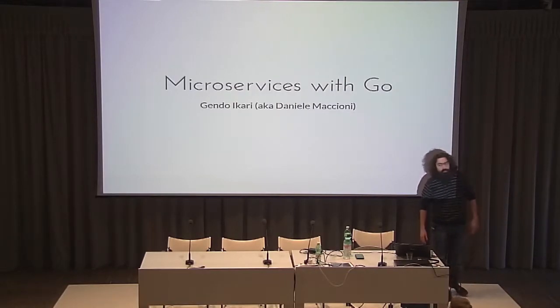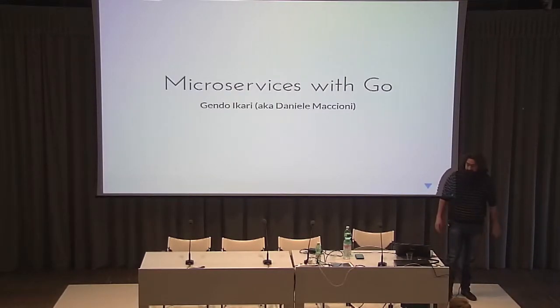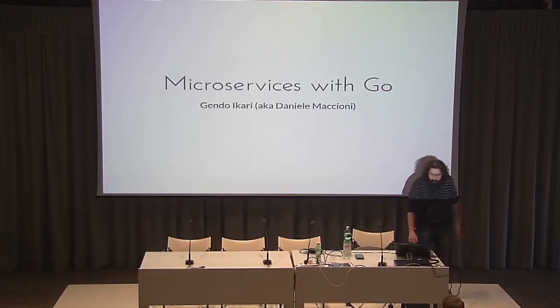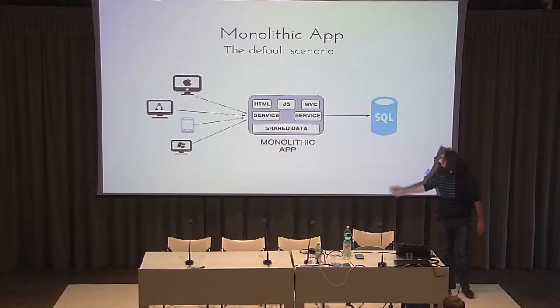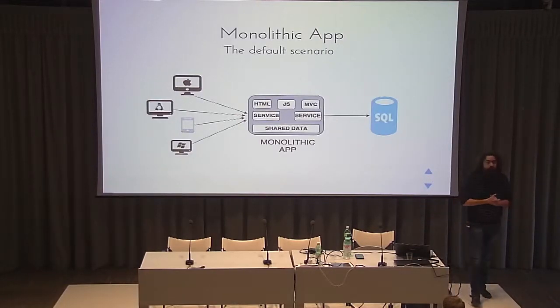Hello, everybody. I'm Daniele Maccioni, and I'm going to talk about microservices with Go. Let's start. This is our monolithic application. I think we all are very familiar with that.